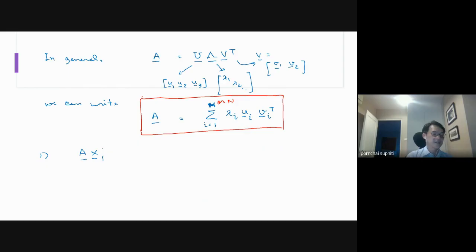This can be written in terms of U lambda V transpose and then X1. So what is this? We can look at this case as a transformation of X1.